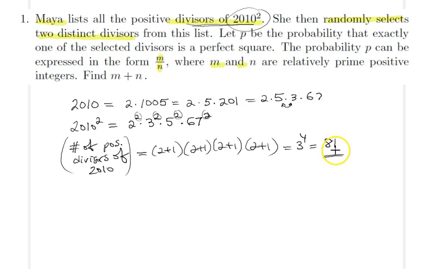But how many of these divisors turn out to be perfect squares? One way to think of this is, we can definitely think of each of these 4 parts as independent perfect squares. So we have 4 parts to 2010 squared.